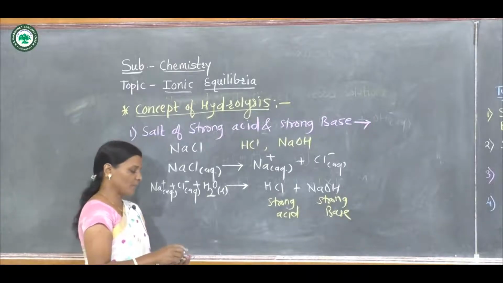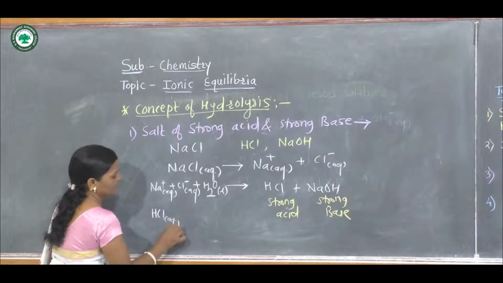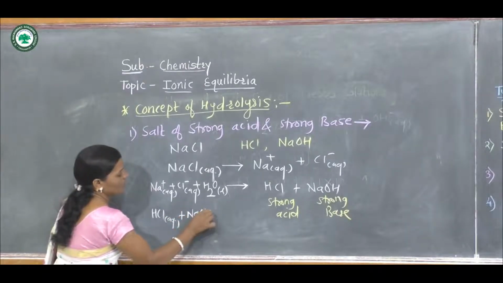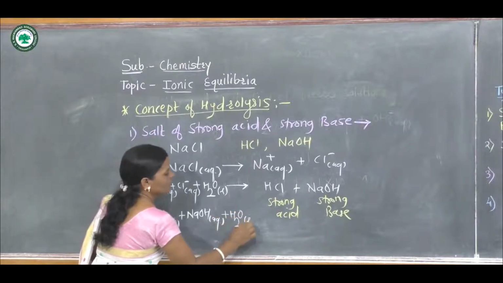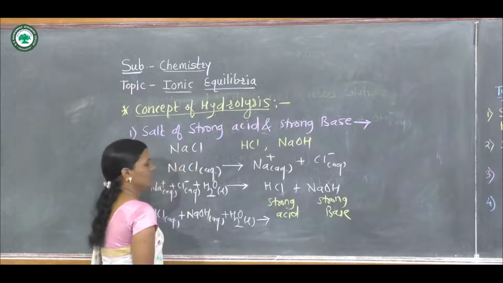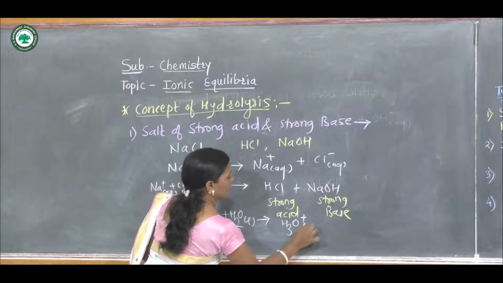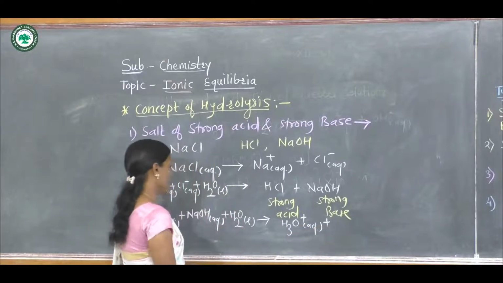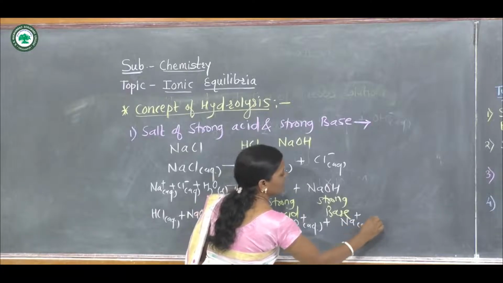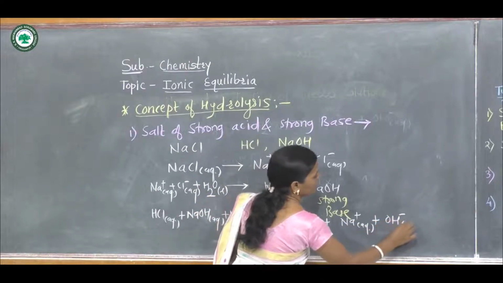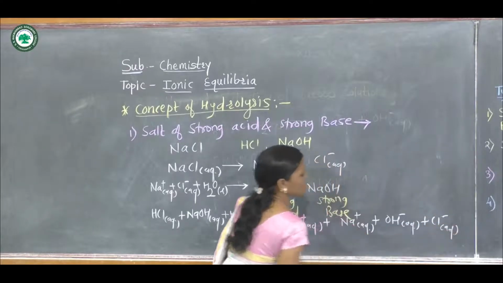Now actually what happens here is that HCl and NaOH in water, when they are dissociated, contain hydronium ion, Na plus ion, hydroxyl ion and Cl minus ions.